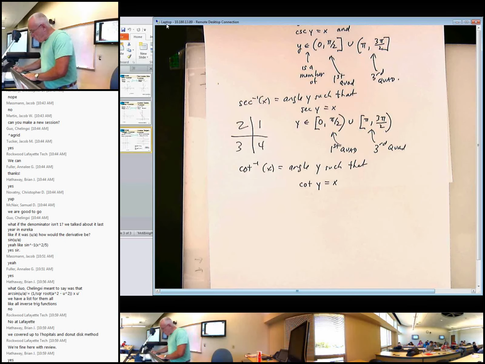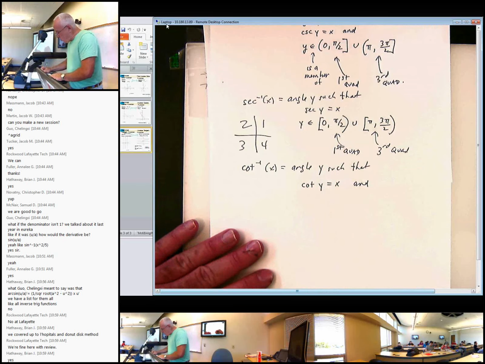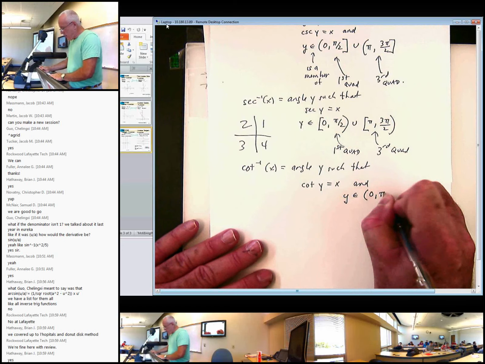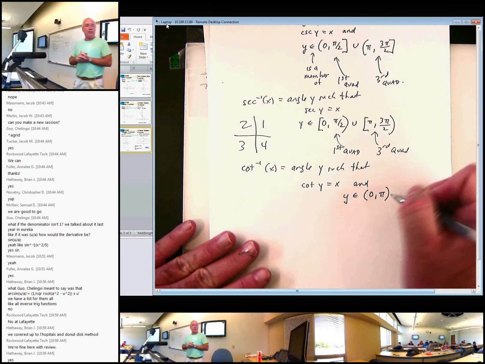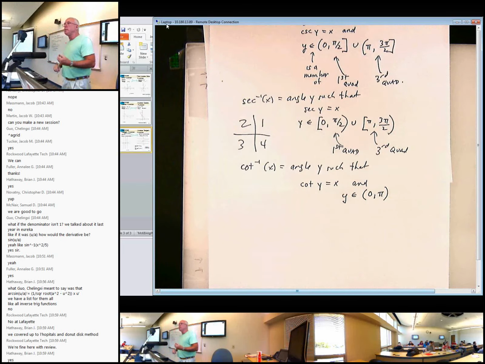And here the y is in the first and second quadrants, and y belongs to 0 to pi, but with parentheses around them, because either of those endpoints causes the denominator to be 0, because cotangent is cosine over sine, and the sine is 0 at 0 and at pi, so we have to exclude those.